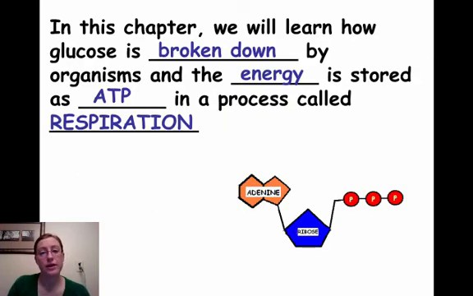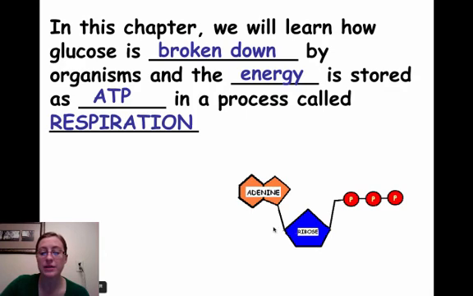So, what are we talking about? Overall, in respiration, we take glucose and we break it down into energy that we will use in our cells. And basically, we are going to be making ATP molecules. And what you see down here in this corner, this is an ATP molecule. Remember that it is part of the nucleic acid macromolecules.